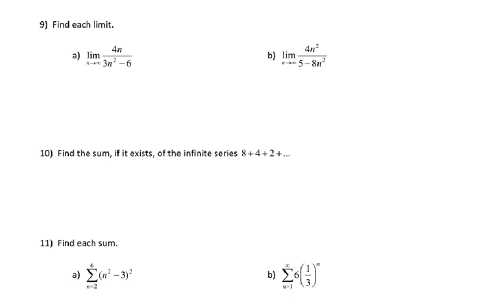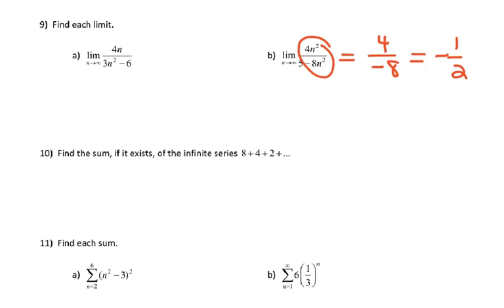There were 3 rules for how you determine what the limit is. The rules were, if the exponent of the variable in the numerator is the same as the highest exponent of the variable in the denominator, then the limit is the ratio of the coefficients in front of those terms. So b has a limit of -1/2.